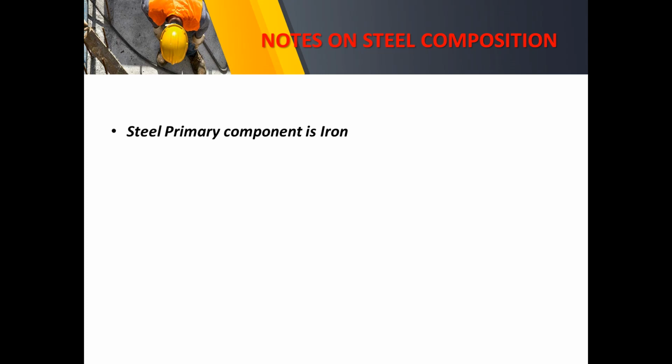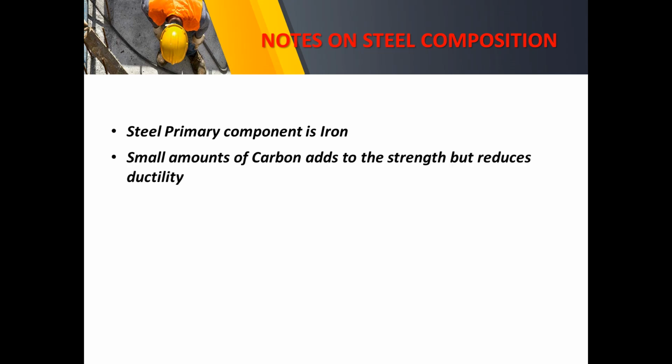So, notes on steel composition. As mentioned earlier, steel's primary component is iron. It has small amounts of carbon that add to the strength but reduce ductility.